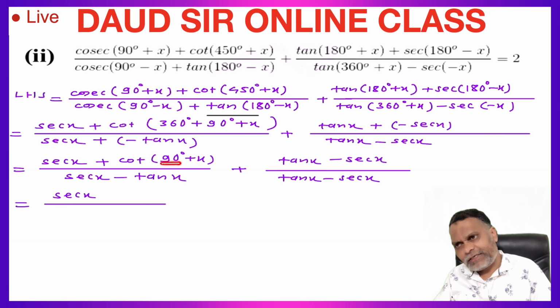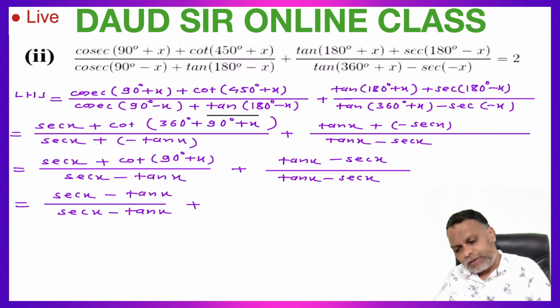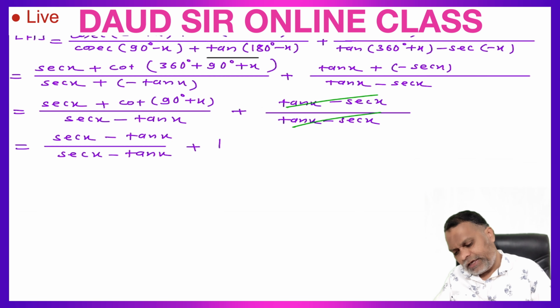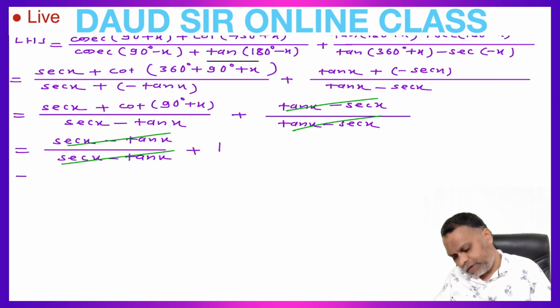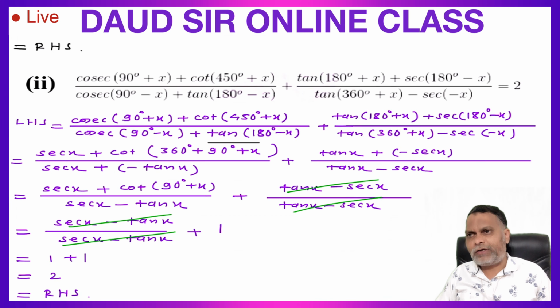In case of 90, we have to change cot to tan, so minus tan x upon sec x minus tan x plus this tan x minus sec x. Tan x minus sec x are similar terms, so we can cancel them. One left. Here also, sec x minus tan x, sec x minus tan x, this is also 1. So 1 plus 1 is equal to 2, which is equal to right hand side. This is our required right hand side too.